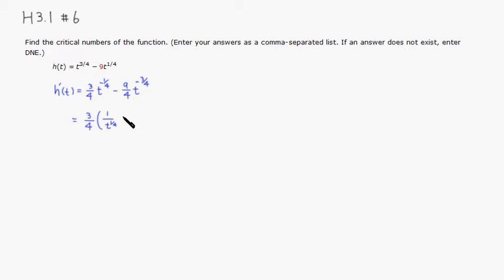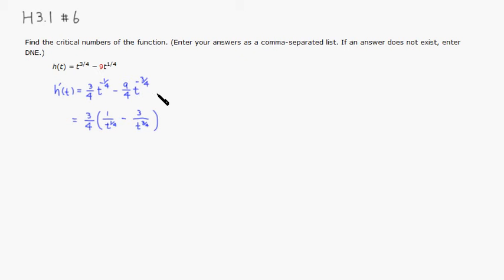Minus, 4 is pulled out and 3 is pulled out, so there's a 3 left over. Then you have a negative power, t to the 3/4 power there.